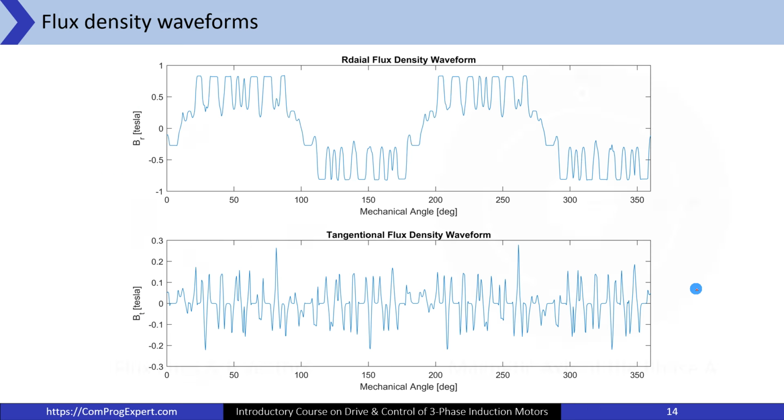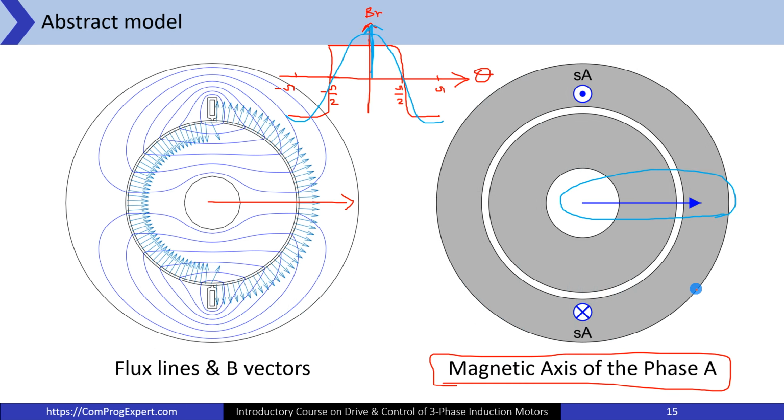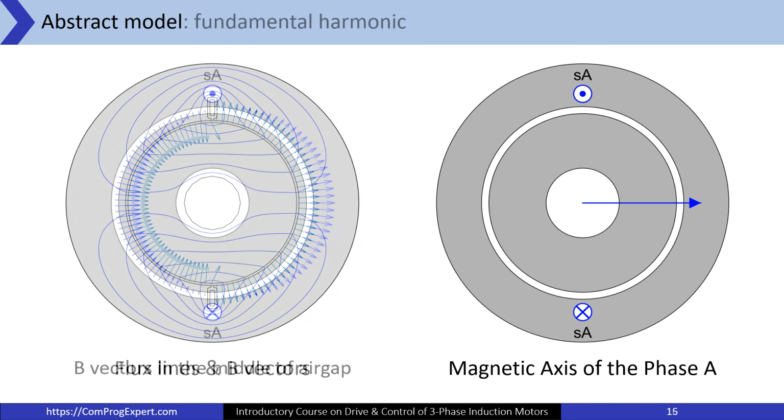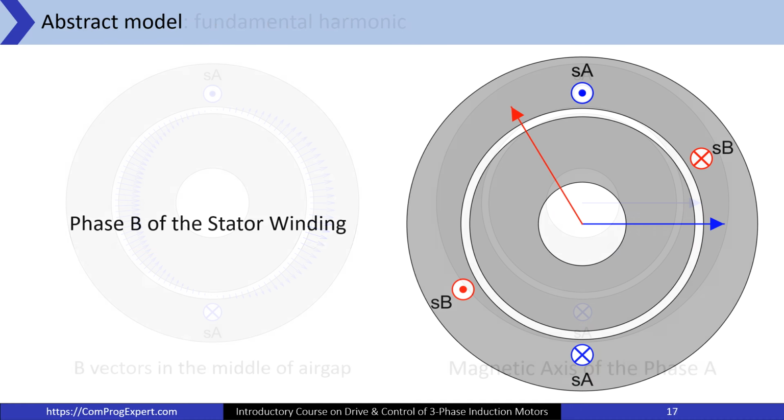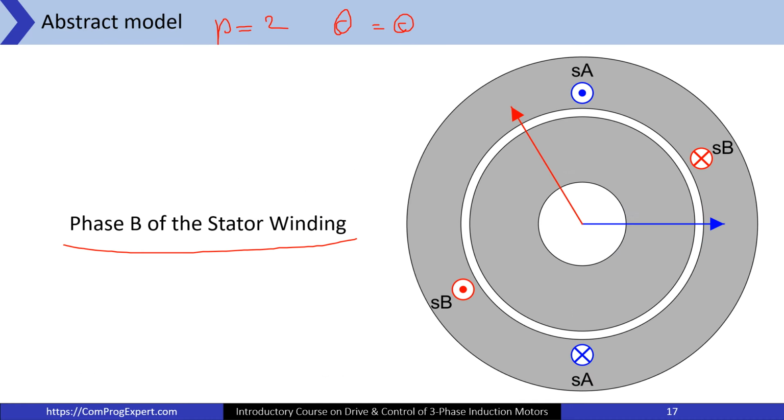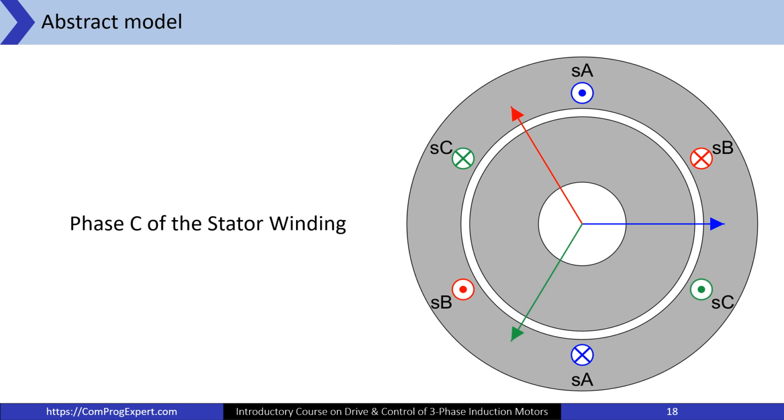The fundamental harmonic is important. Considering the concept of the peak value, we defined the magnetic axis, and then we considered the fundamental harmonic to have this abstract model and continue the derivation of the equivalent circuit of the three-phase induction motors. So this is the phase B, and finally we have the phase C.